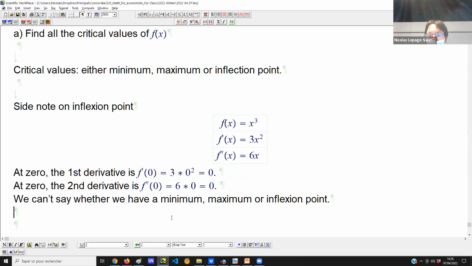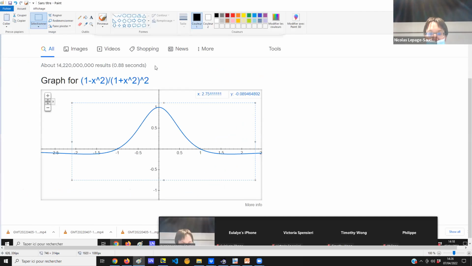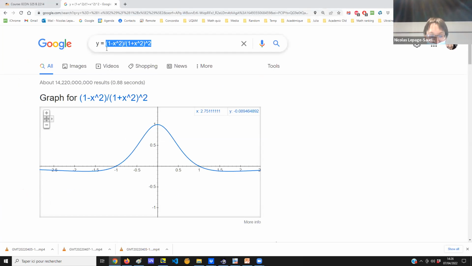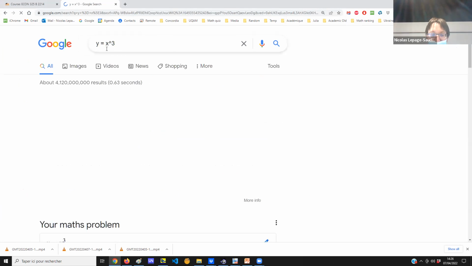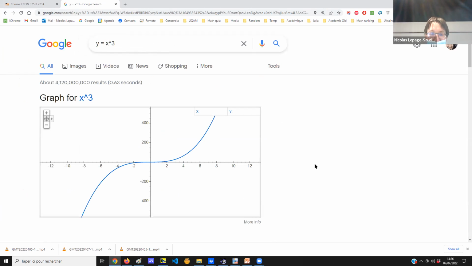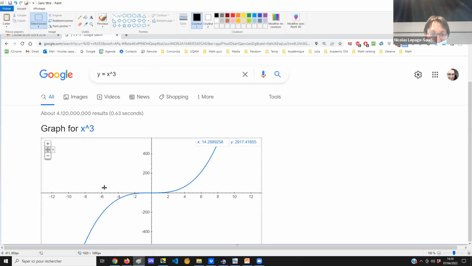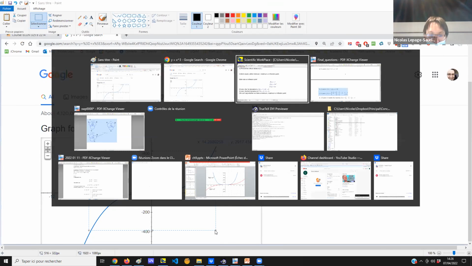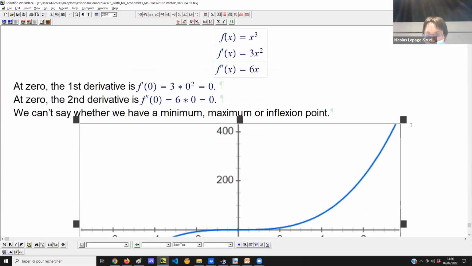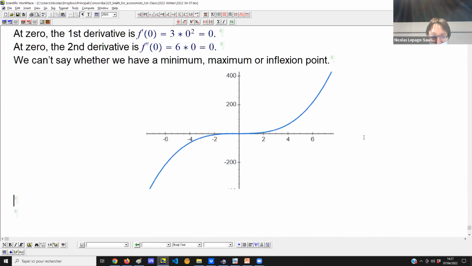Why is that? Well, let me just show you y equals x cubed. So I get this. Okay, we have an inflection point.